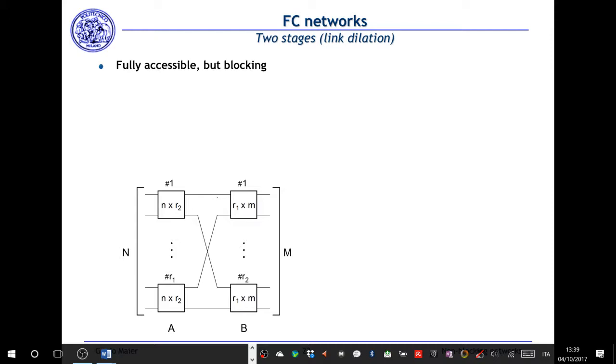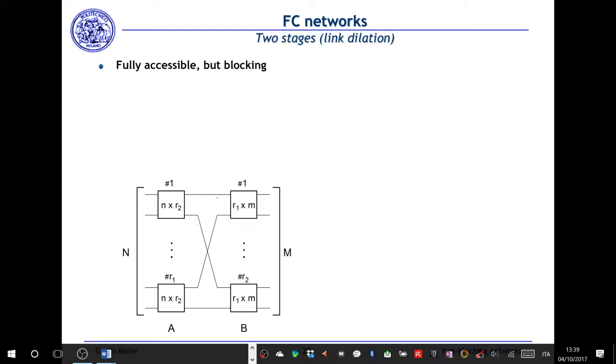So once you make this link dilation d greater or equal to the minimum between small m and small n, you obtain a non-blocking architecture. Okay. More, this is also strictly non-blocking.